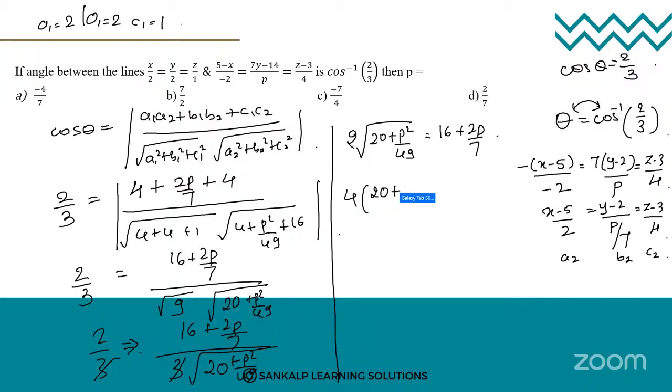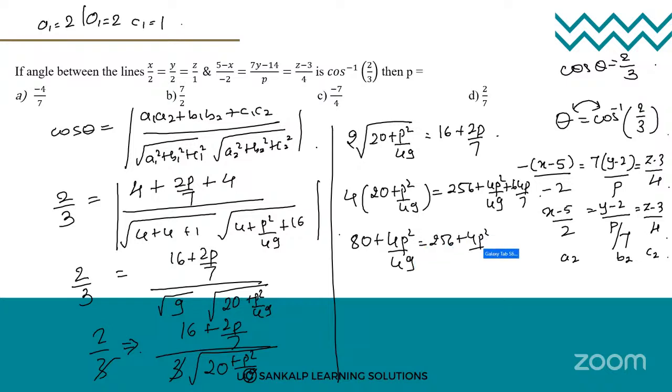If you square on both sides, what will I get here? This is 20 plus p square by 49. If you square here, 256 plus 4p square by 49 plus 64p by 7. Correct? So now this can be written as 4p square by 49. This is 256. 4p square by 49 plus 64p by 7. So this cancels on both the sides. So what are we left with?